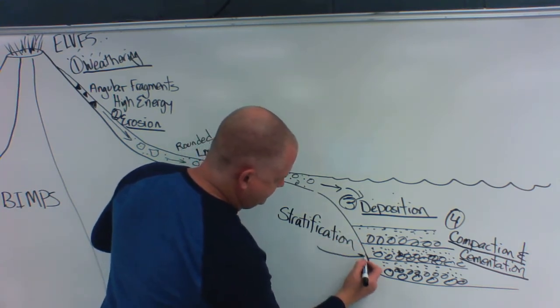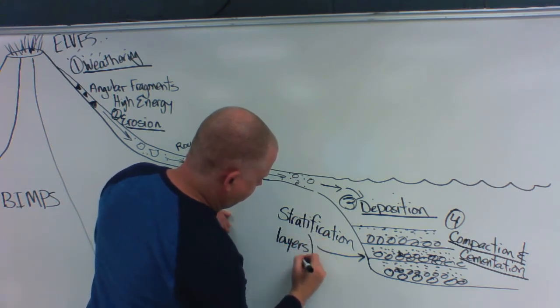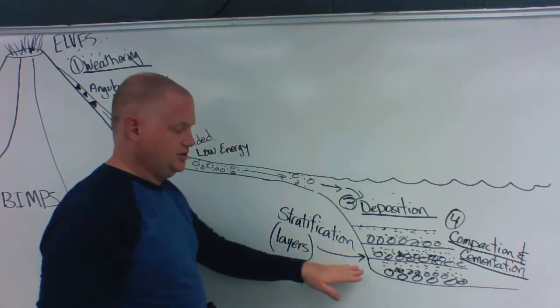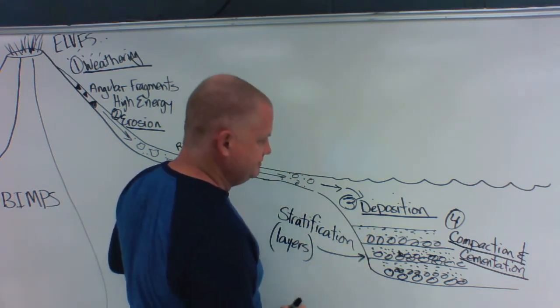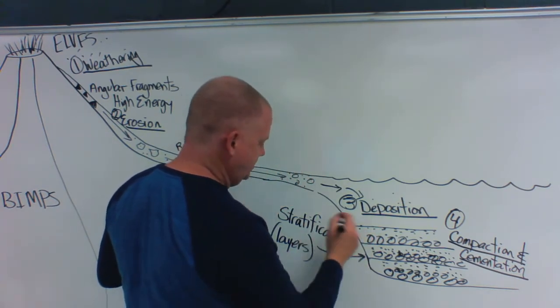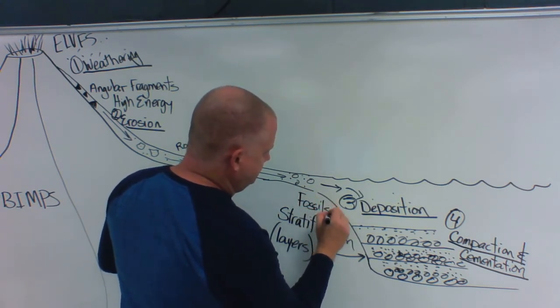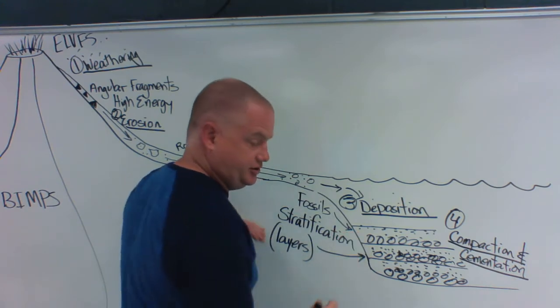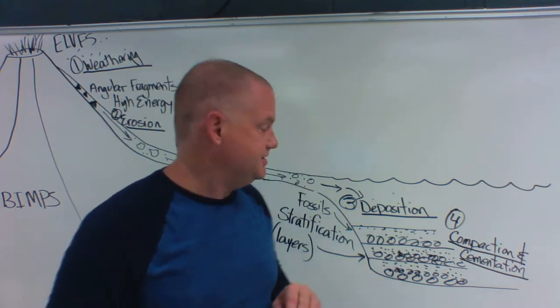And that means layers. This is also where you would find fossils. So I'll write this up here too. This is where you would have fossils. You always have fossils in sedimentary rocks, sometimes in metamorphic, never in igneous.